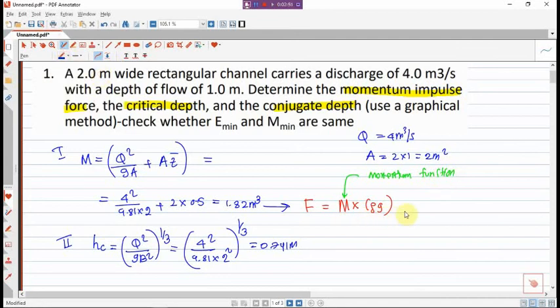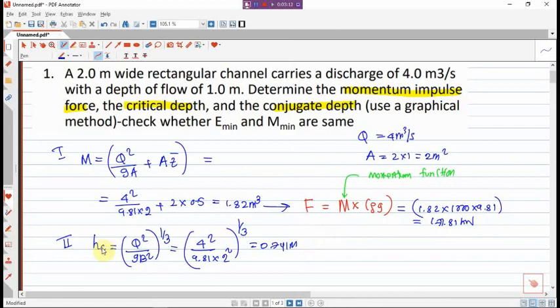So now we know the M here is 1.82. So we know the rho is 1000 and g is 9.81. The density of water is 1000, right? So we can get the momentum impulse force as 17.81 kilonewton.